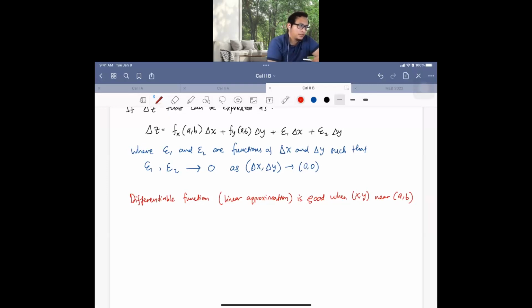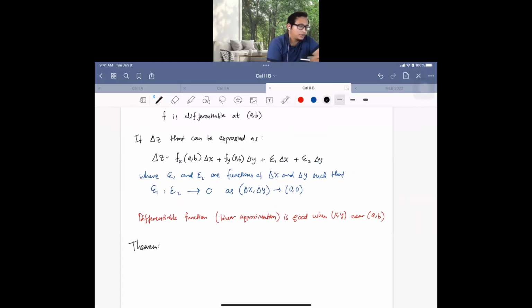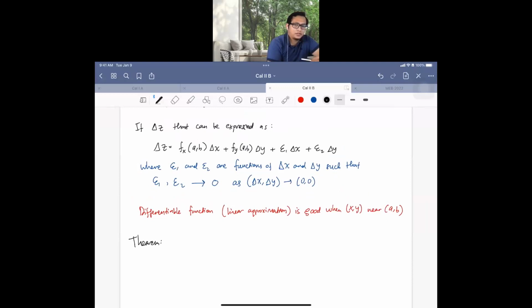So another theorem might help us to understand this differential.